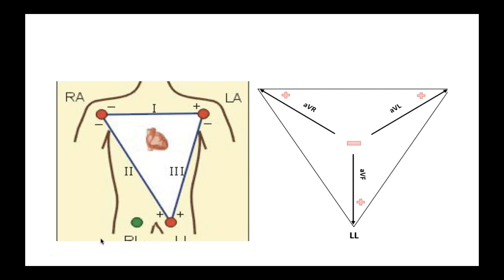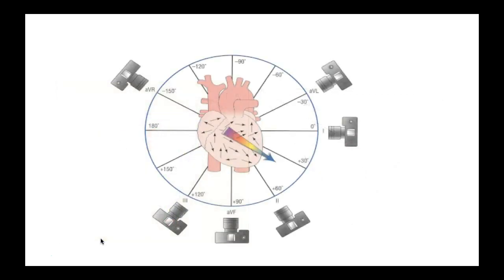However, the negative lead, the one that the camera is looking towards, is basically in the middle of the heart. So when you look at your AVF, you see your camera is pointing up to the middle of the heart from the very bottom, and AVL and AVR are coming down from two different angles. And all this does is give you another perspective that you're looking at.